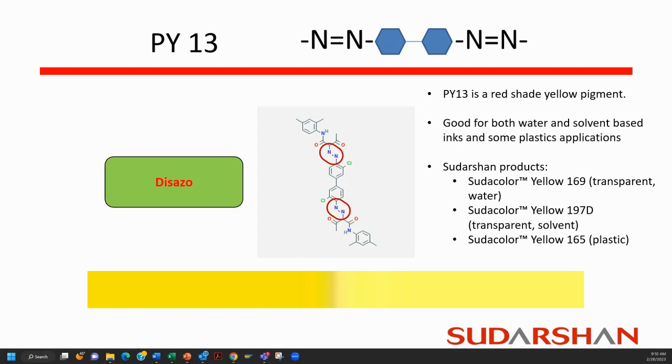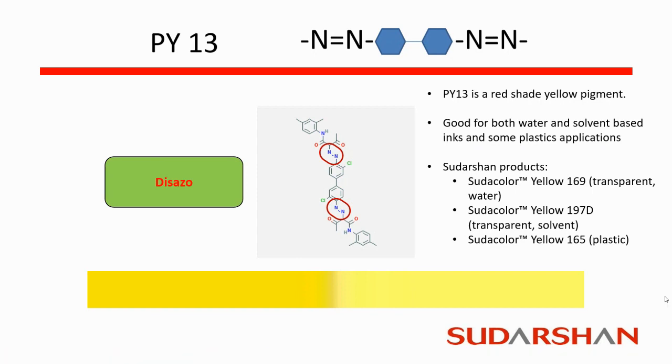Pseudoshan products that fall into the yellow 13 category are yellow 169, a transparent version for water-based inks, and the yellow 197D for solvent-based inks. And on the plastic side, we have the yellow 165.